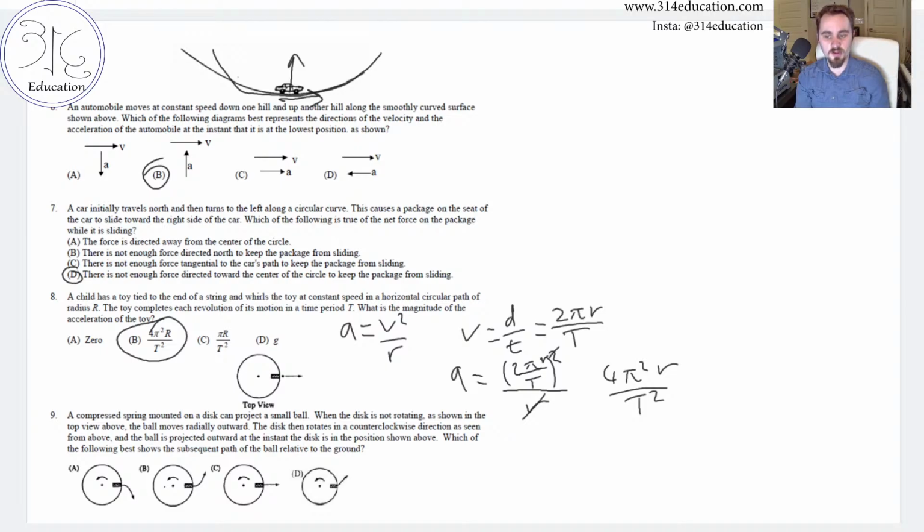When the disc is not rotating, as shown in the top above, the ball moves radially outwards. The disc then rotates in a counterclockwise direction from above, and the ball is projected outward at the instant the disc is in the position shown above. Which of the following best shows the subsequent path of the ball relative to the ground?